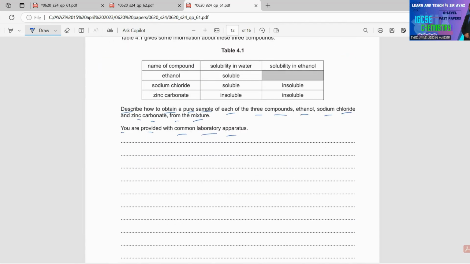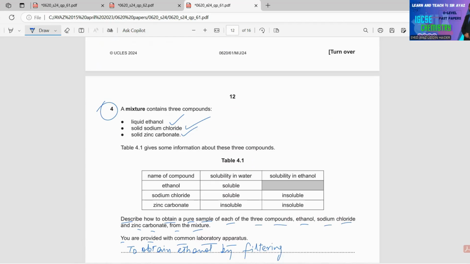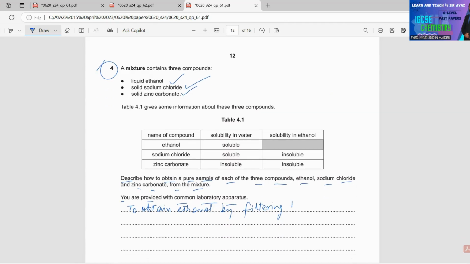So first we take ethanol. So I'm writing, to obtain ethanol, by filtering the mixture.